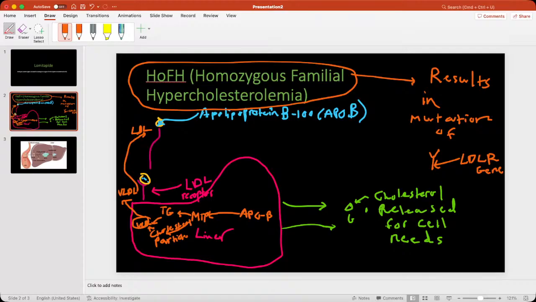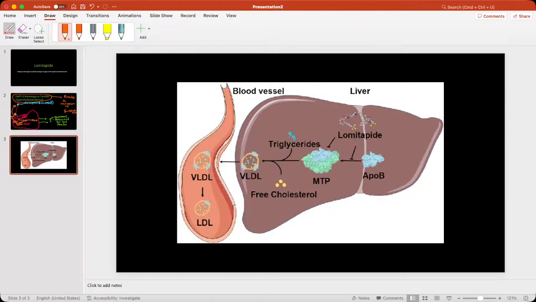So there is a medication out there that can prevent that, and it's this medication, Lomitapide, and it inhibits the MTP process. You can see here inhibition of the MTP.